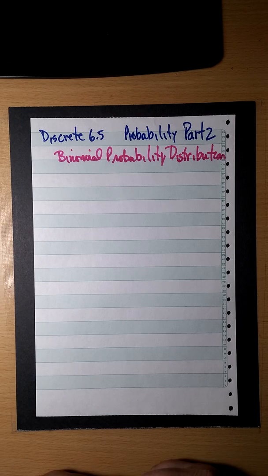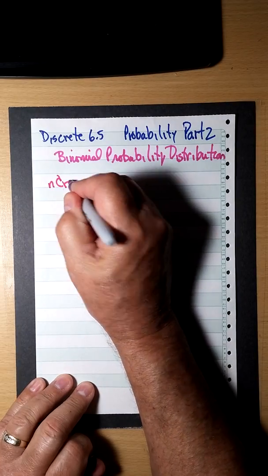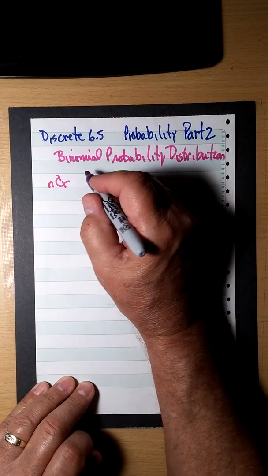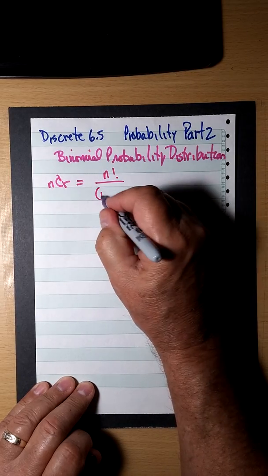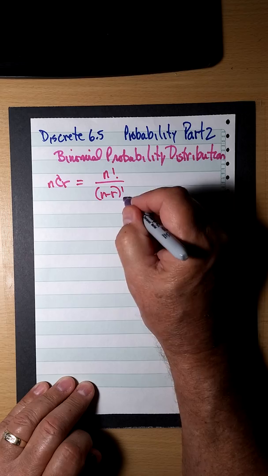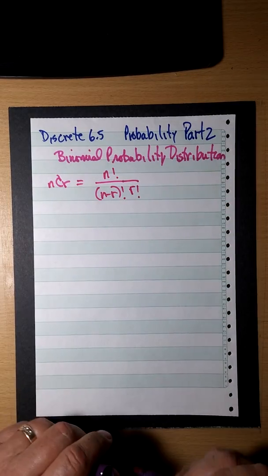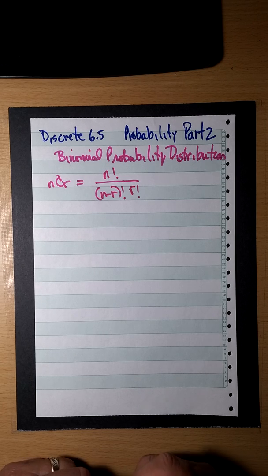It has a fixed number of trials, and it can use our nCr, the combinations, to help us count ways, at least, of doing things. Remember, that was n factorial over n minus r factorial. But then it's got this r factorial also in the denominator. You can find that in your calculator under the math prob, and we'll use that.